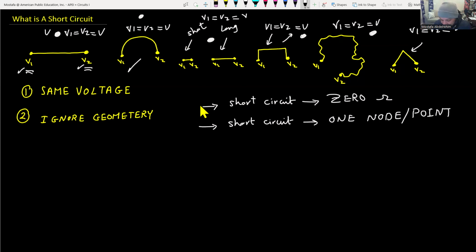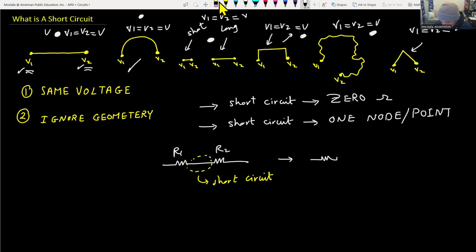If you have a circuit with, for example, a resistance connected to another resistance, R1 and R2, all that in between is a short circuit. So this same circuit can be drawn like that, R1, R2.